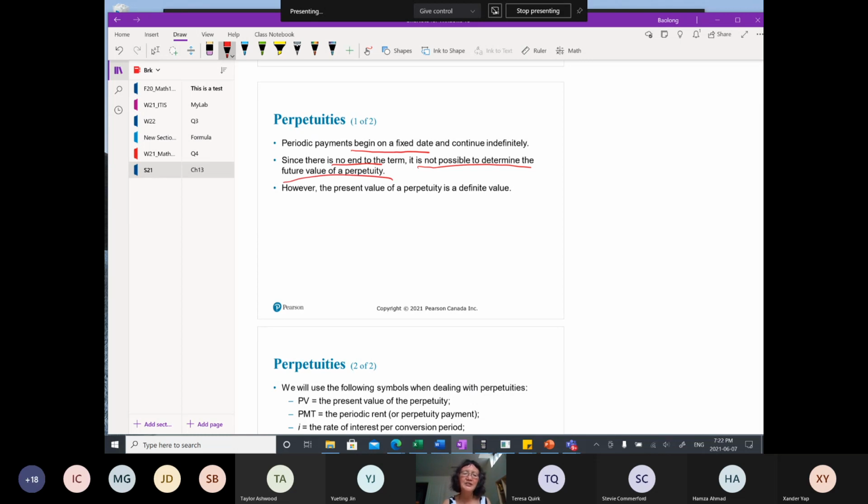And also because there is no end date, term n, we tend to think it is a very big number. Mathematically, we use this symbol to represent a big number. And when you use a calculator, you can type in, for example, 3000 as term n.